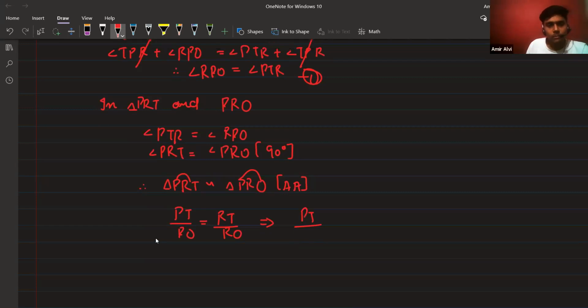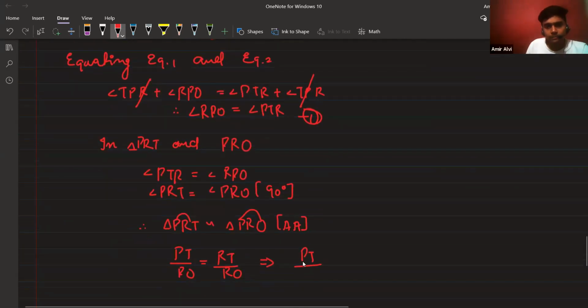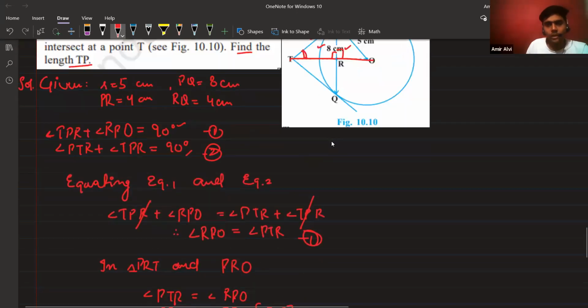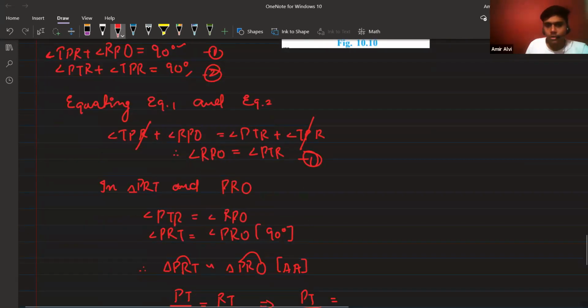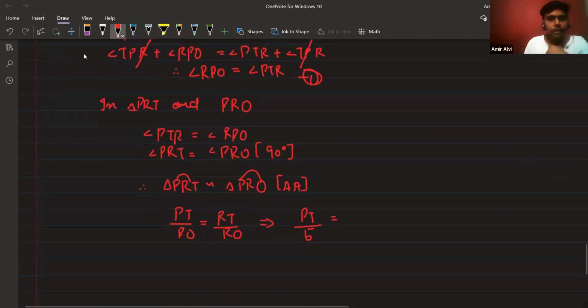And PO is 5 centimeter, equal to RT. Okay, so it's also not given. Can we find it using the Pythagoras theorem? No. One more similarity is there, not one more similarity, one more side. TP by PO, RP by RO.